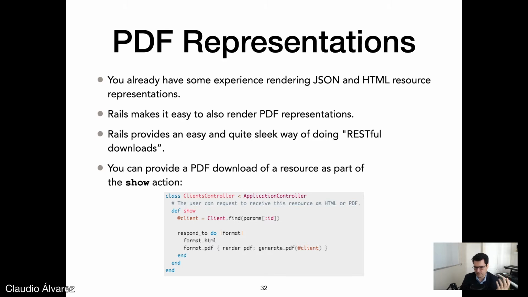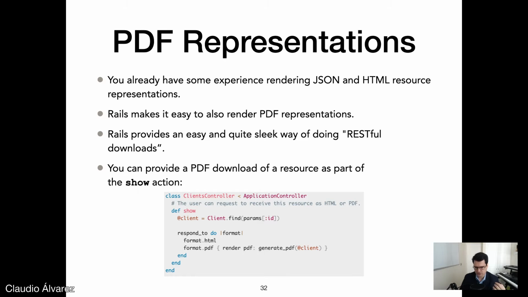So the way in which you can generate PDF for the user is very, very simple, because Action View already supports this in Rails 6. You got in your controller, in the show view, or in any other view that renders HTML to the user, you can render PDF.